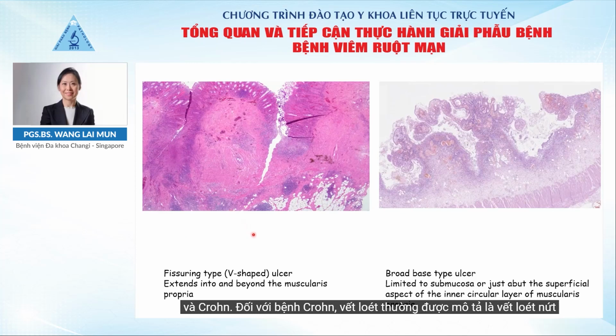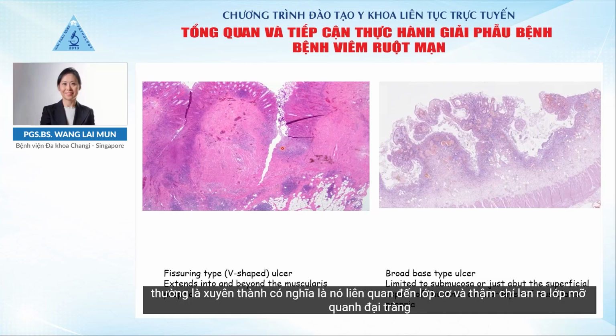For Crohn's, the ulcer is typically described as a fissuring ulcer, a V-shaped type of ulcer, and the chronic inflammation, as you can see, extends beyond the mucosa into the submucosa, and the ulcer usually involves the muscularis propria. The chronic inflammation usually is transmural. That means it involves the muscle layer and even extends into the pericolic fat as well.